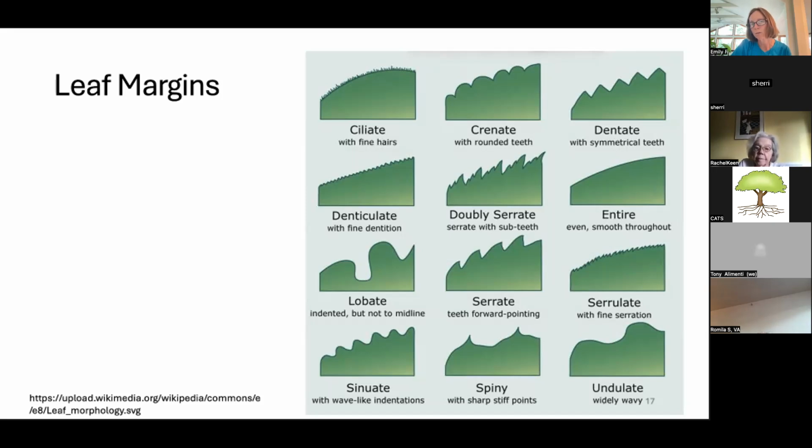And are there two types on the same eastern red cedar tree, or is that a male-female indicator? So the two leaf types that are on an eastern red cedar, the scale or the awl, usually the younger trees have the awl-shaped leaves and the older trees have the scale. And there is a transition from one to the other, so you can see both leaf types sometimes on the same tree.